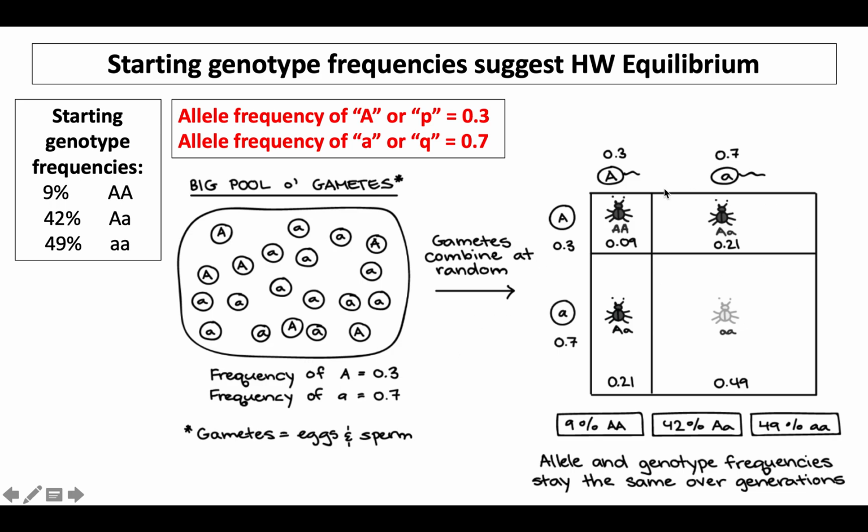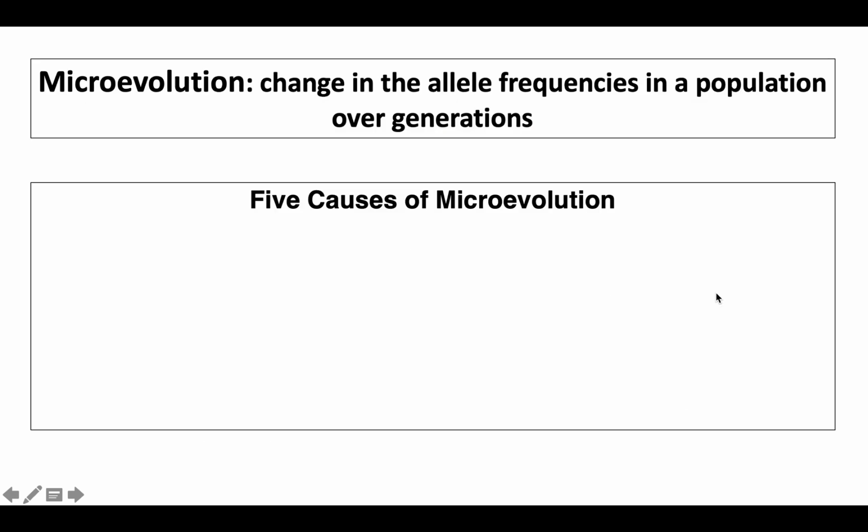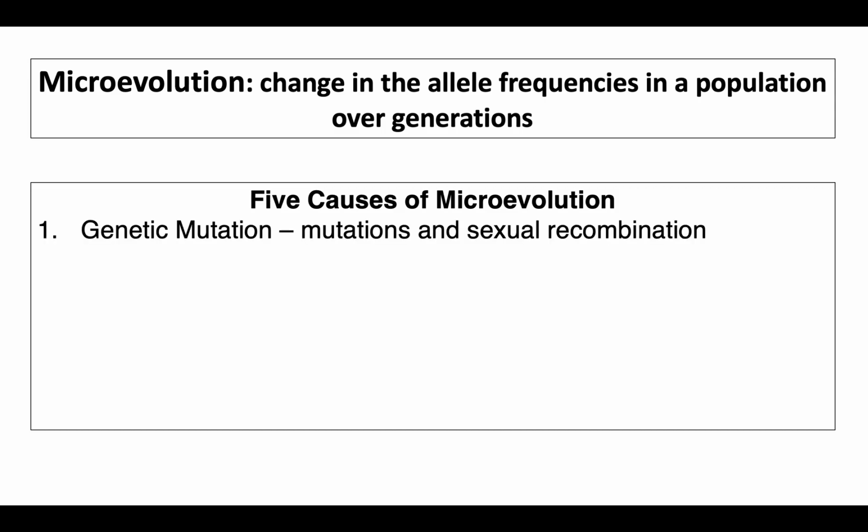And the Hardy-Weinberg equation is really based on this Punnett square, where we have p squared, 2pq, and q squared.